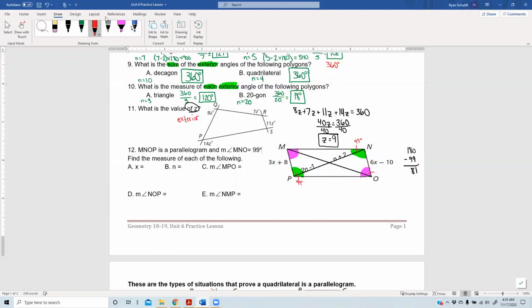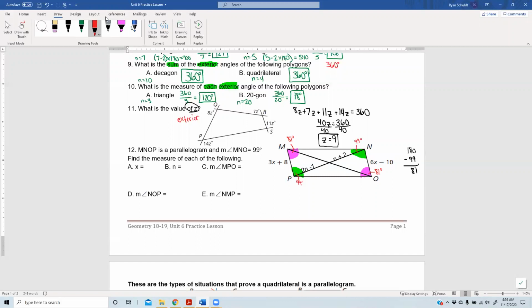So these angles are 81 degrees. I bet those are the angles they ask us for.